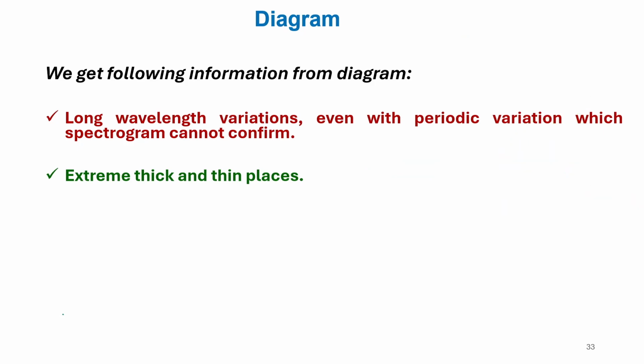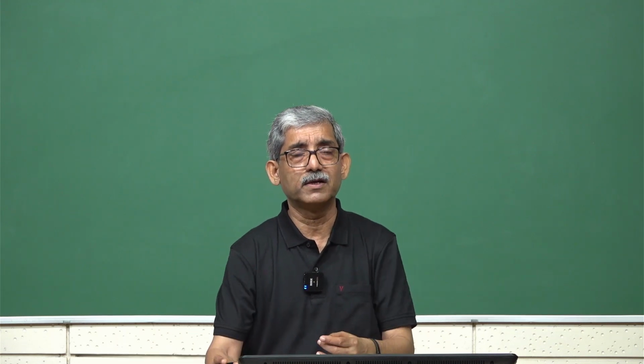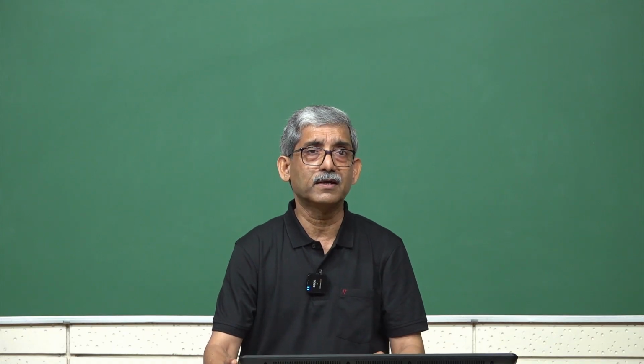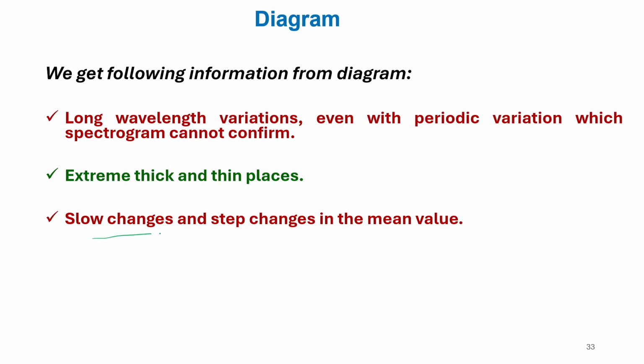This is not due to a machine fault, but due to an environmental fault or the running workers' fault. And slow change and step change we can get from the mean value in the diagram.